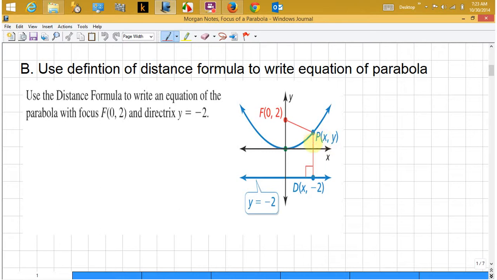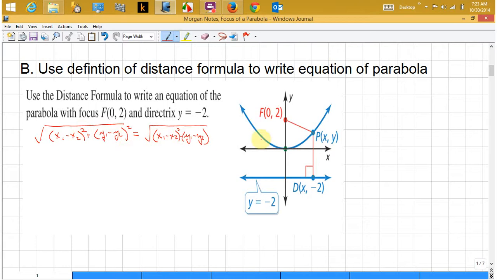The length of this line would be the square root of (x1 minus x2) squared plus (y1 minus y2) squared, and that would be equal to the line here, which is also the square root of (x1 minus x2) squared plus (y1 minus y2) squared.